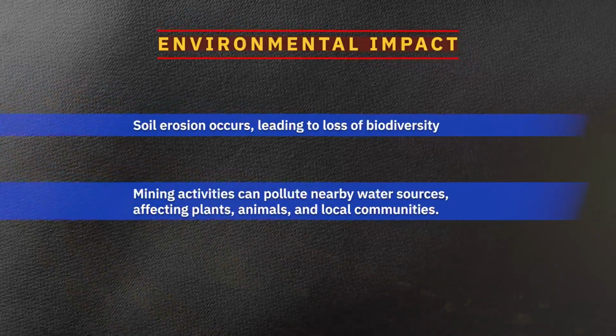It also affects the plants, animals and the humans who stay near these mining areas, which poses threats to the local communities. Therefore, we should keep in mind that sustainable use of these mining practices should be a concern for environmental sustainability. Let's look into this map.